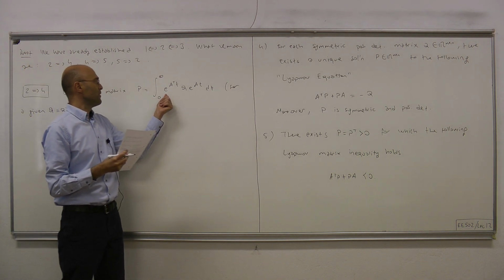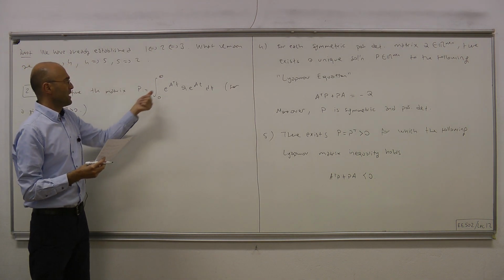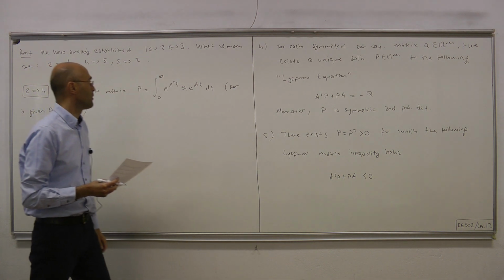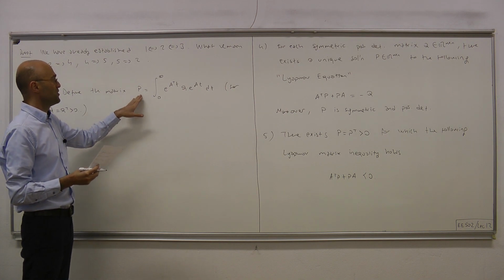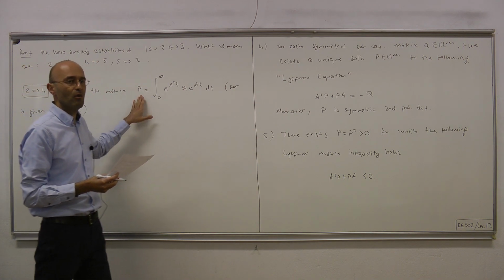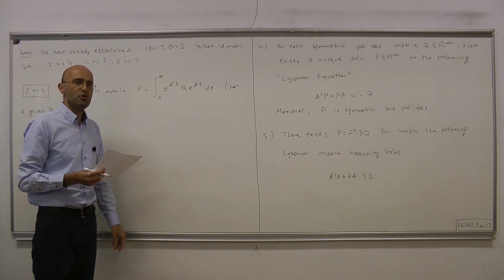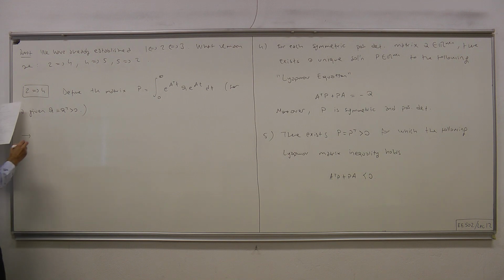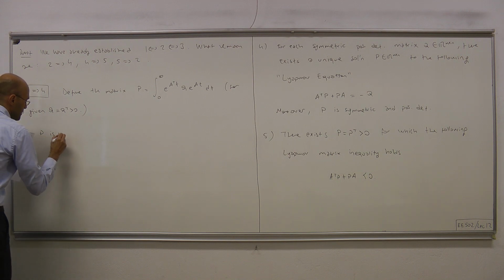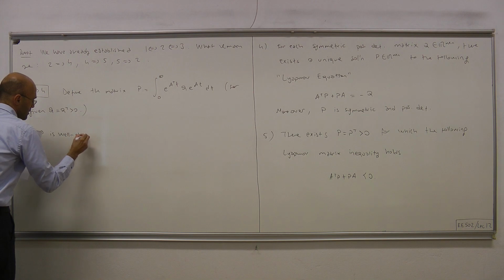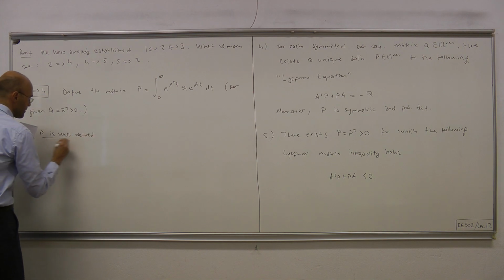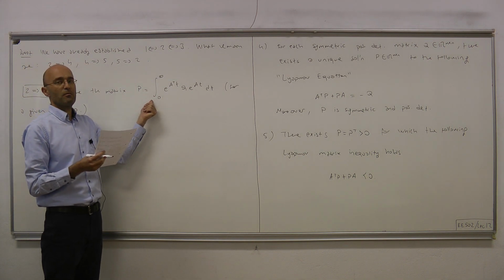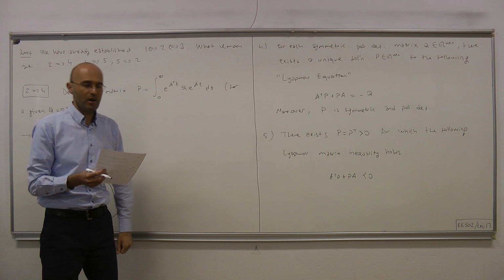Now, since this definition includes an integration through an infinite interval, we have to first make sure that this is a well-defined matrix P, or this integral can be computed, doesn't produce meaningless answers. So that's our first step. P is well-defined, that is, this integral for any Q produces some constant n by n matrix.